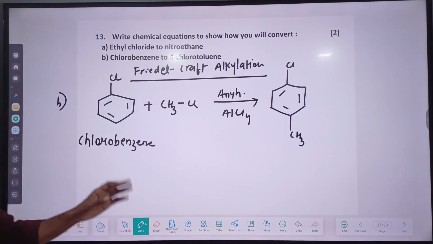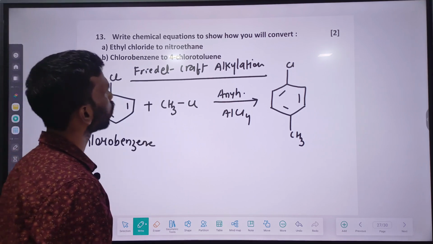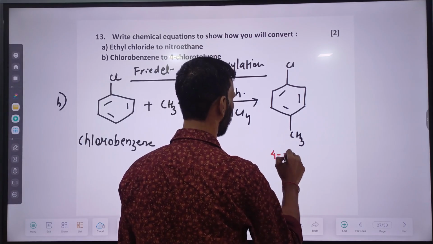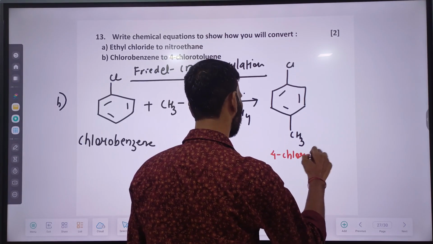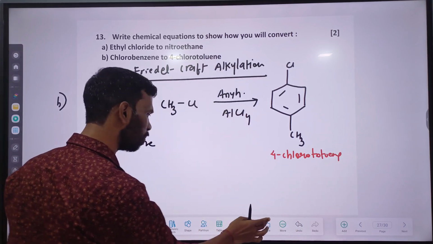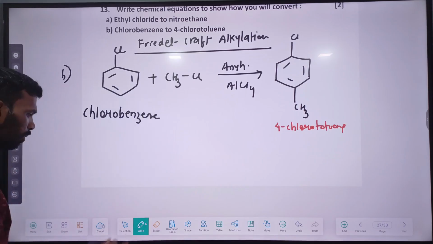This is Friedel-Crafts alkylation reaction. With this you are going to get this 4-chlorotoluene. Those students who want to know the mechanism, stay over here. Otherwise you can just go ahead if you are just preparing for boards.